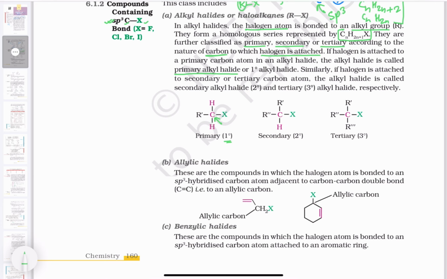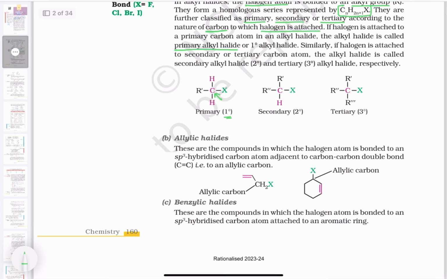Similarly, if the halogen is attached to a secondary carbon atom, it is secondary. So what is primary and secondary? This carbon has two hydrogens; if it has two hydrogens, then it is primary. If this carbon has only one hydrogen, then it is secondary. If the carbon atom has no hydrogen, these are only R, and R means any alkyl group, not hydrogen, so these are tertiary.